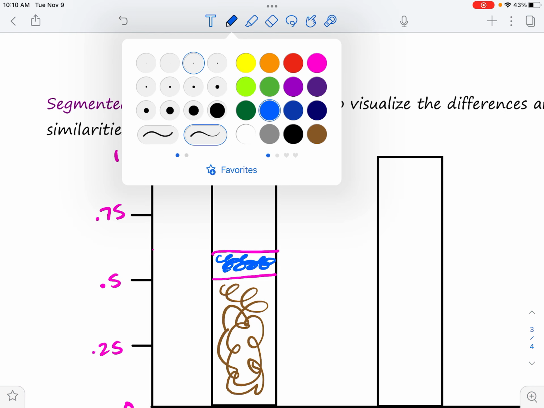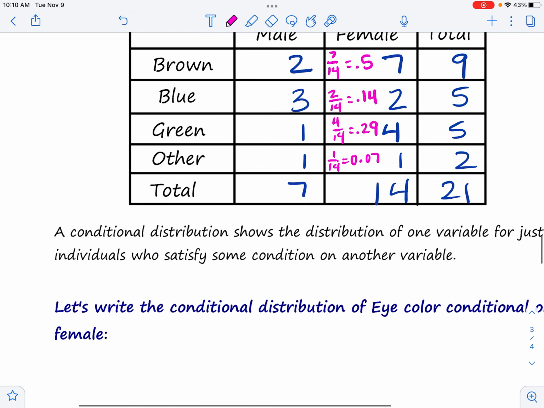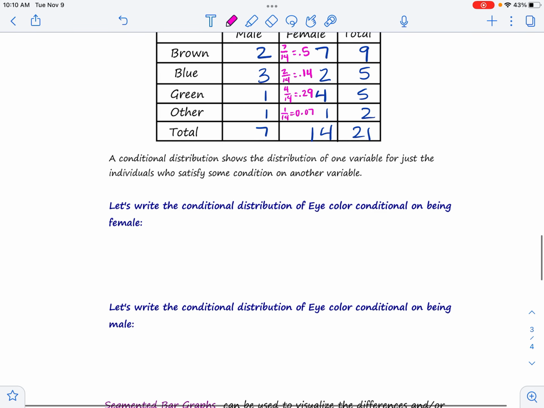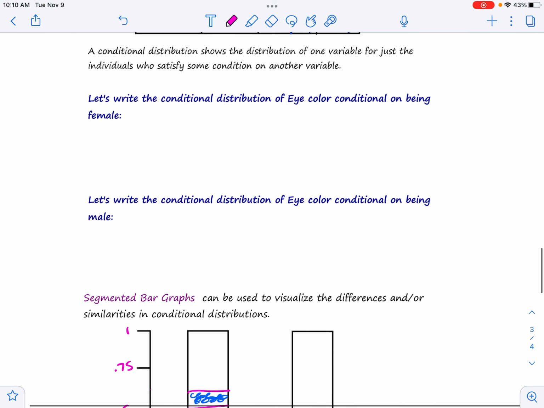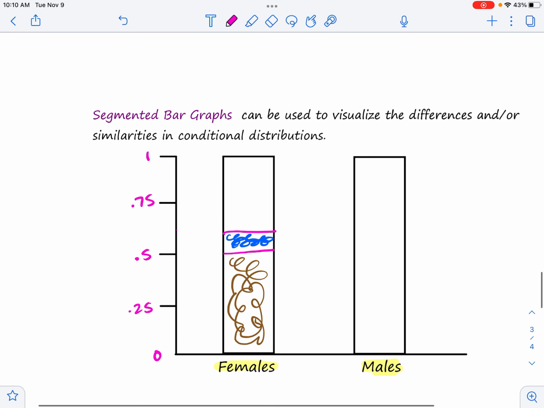All right, the next one is green eyes, which is 0.29. So now adding 0.29, I'm going to be up to 0.93. So that's about here. I feel like maybe the blue should have been a little bit bigger, but again, it doesn't have to be perfect.